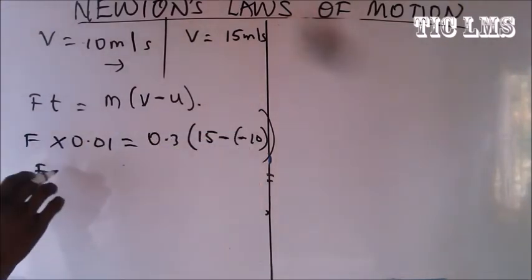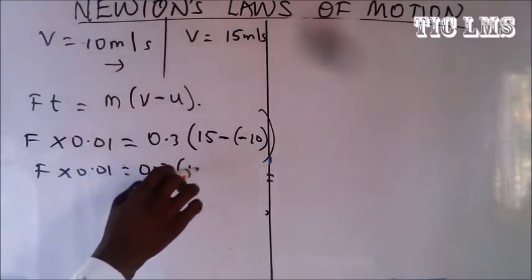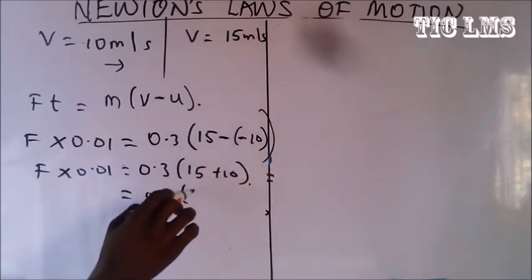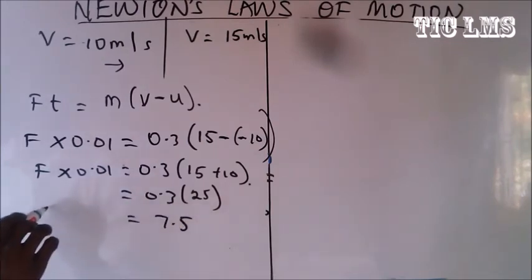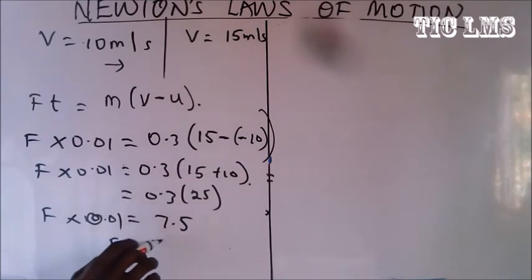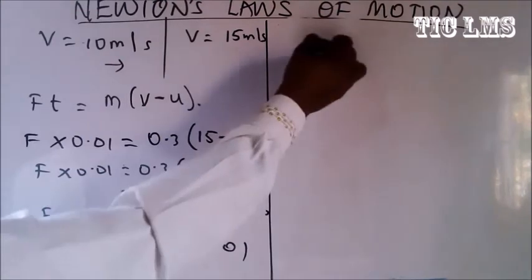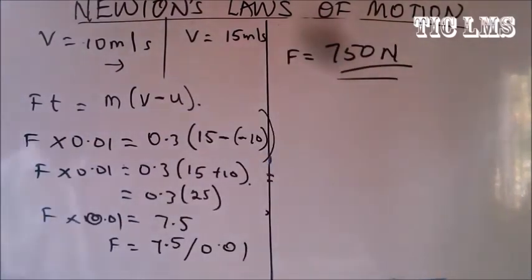And so we have force times 0.01 equal to 0.3 into bracket 15 plus 10, and that is 0.3 into bracket 25, and that gives us 7.5. So F equal to 7.5 divided by 0.01, that gives us 750 Newton. So here is the force that kept the body moving in the opposite direction.